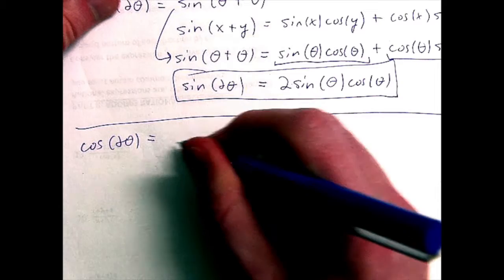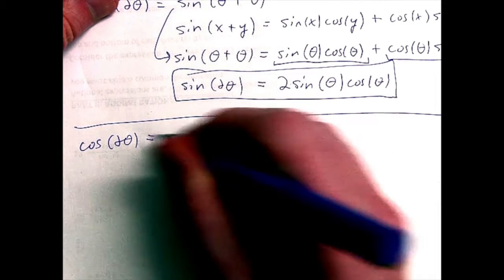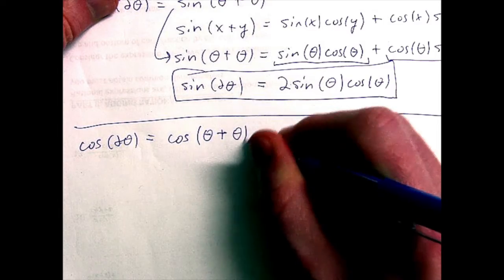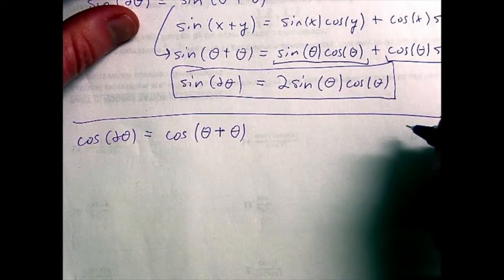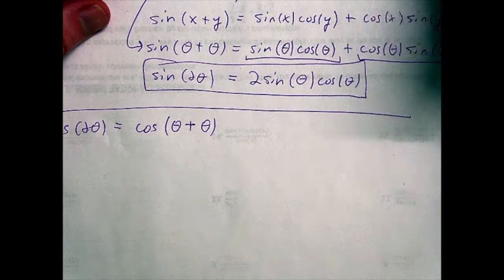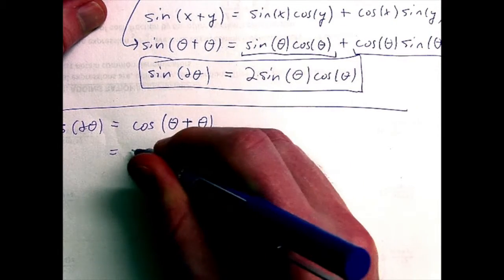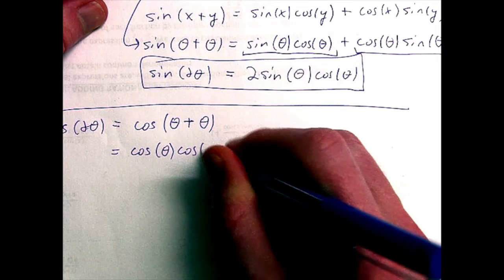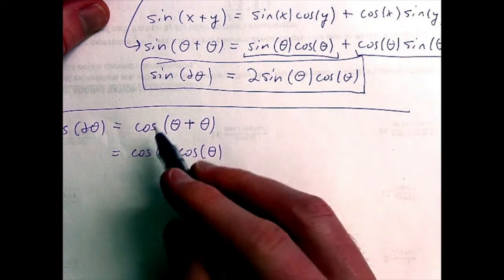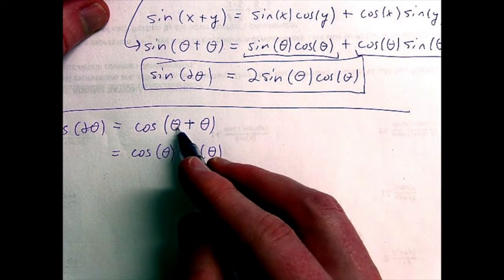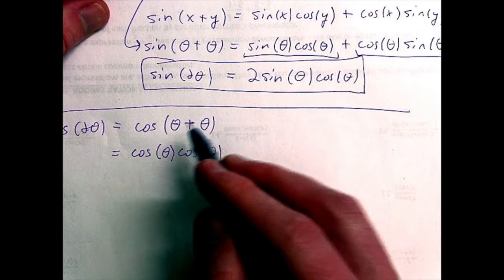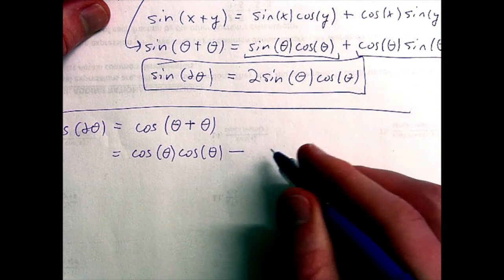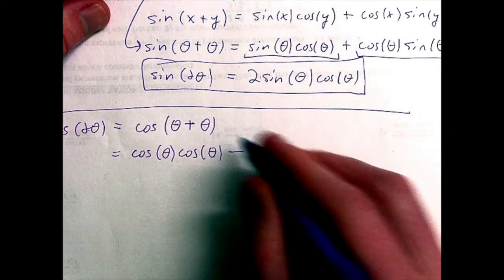Well, once again, the trick is to say that cosine 2 theta is the same thing as cosine of theta plus theta, right? And then we use the angle sum formula for cosine. So what would that be? That would be cosine of theta, cosine of theta. Usually it's the cosine of the first angle times the cosine of the second angle, but both angles are theta. And then minus, normally it's the sine of the first angle times the sine of the second angle.